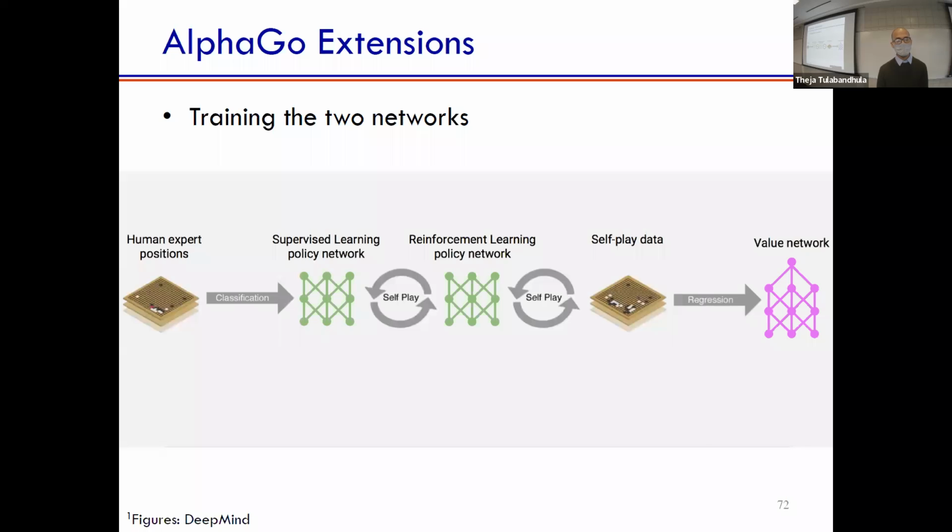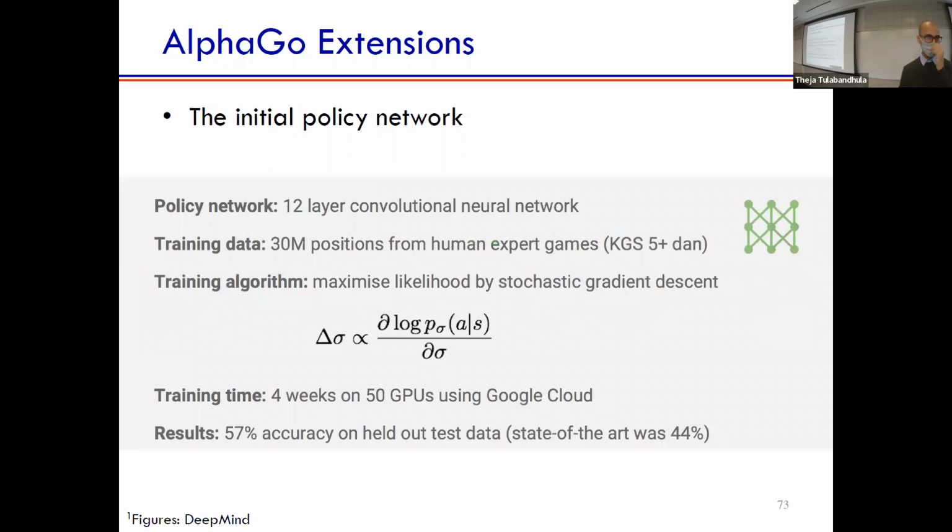I guess that same thing is mentioned here. The policy network happens to be a 12-layer CNN. It starts with 30 million positions, from the Korean Go Society, 5+ Dan being the level, for example.